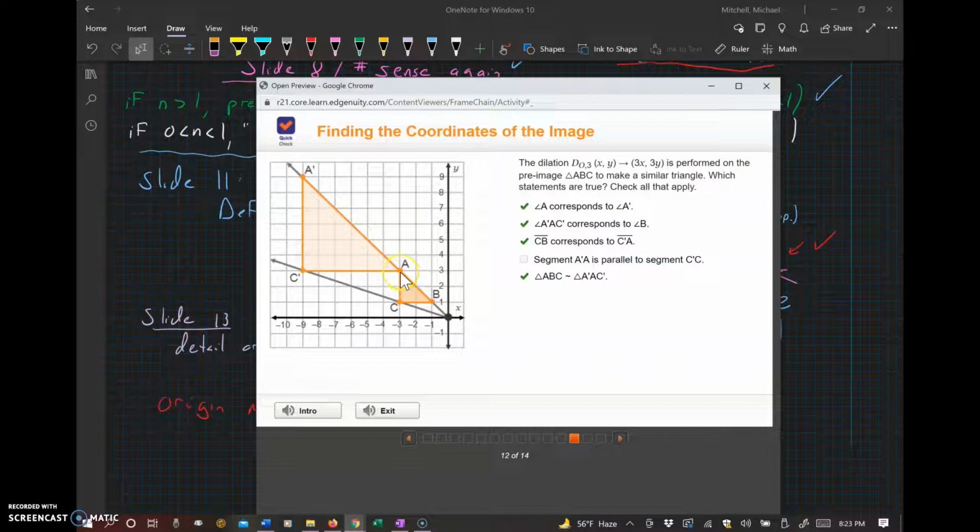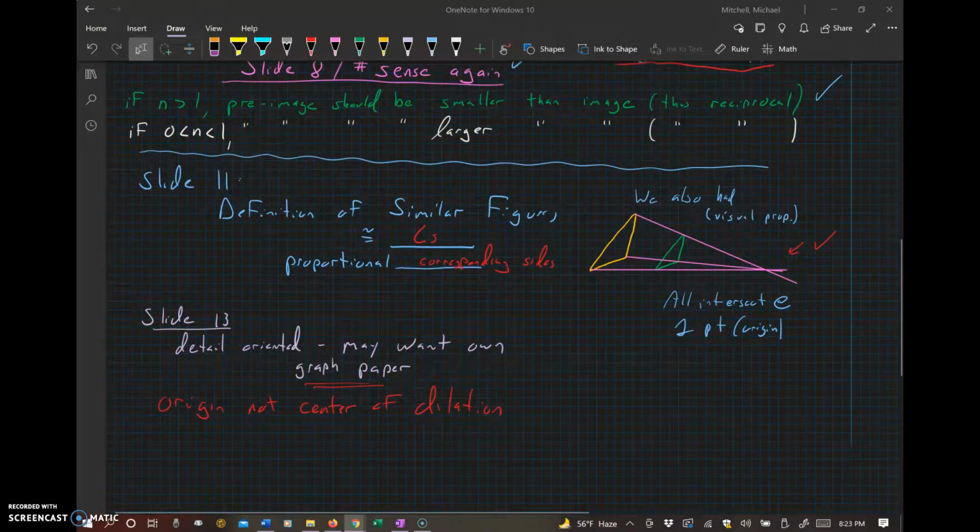Pay attention to the points. A is also like B prime in this big triangle. But since it already had the name A, they just left it at that. Don't expect everything to change to A prime, B prime, C prime. Here, B prime is actually the same as A. It can serve two parts, serving two masters.